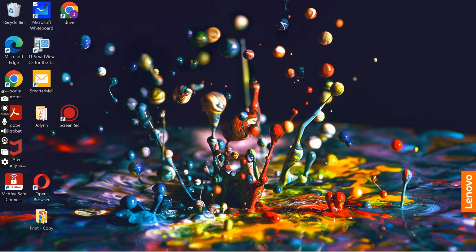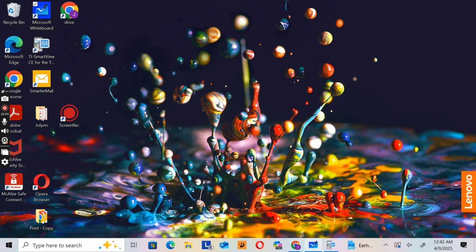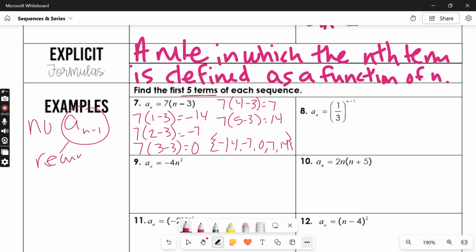So I could use my calculator to help me find those when it's an explicit formula. It does have to be explicit.